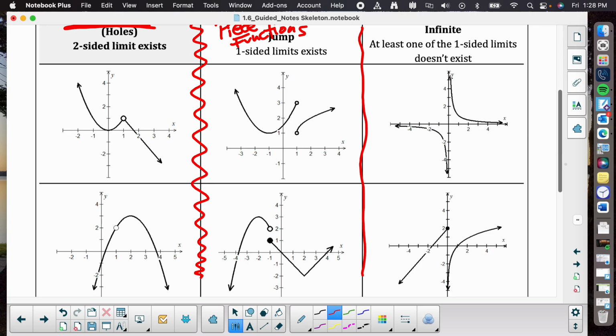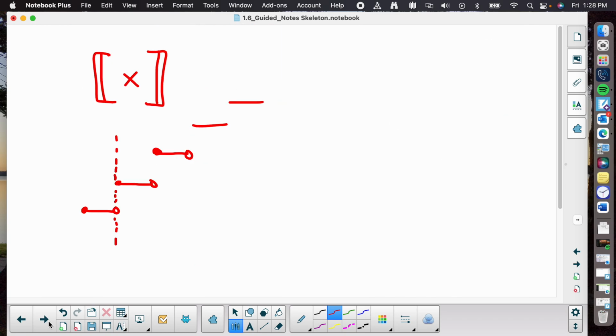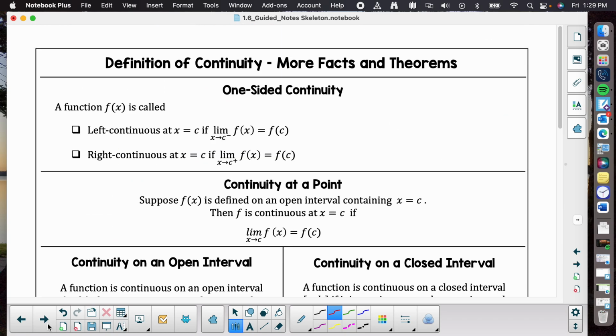I'm mainly going to be looking for you to know if something is removable or non-removable. This is what the AP test cares about.